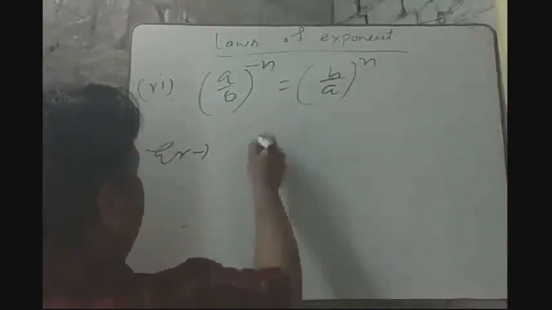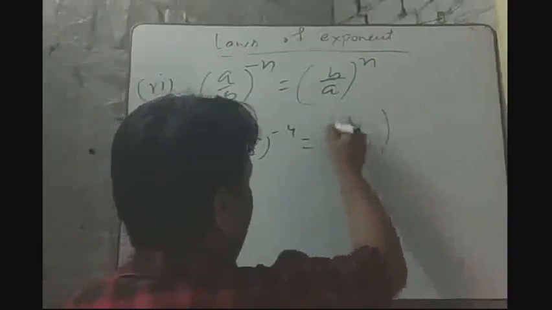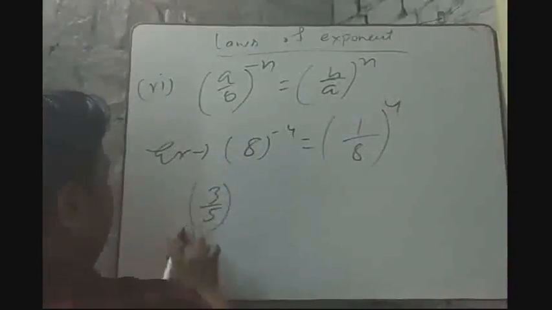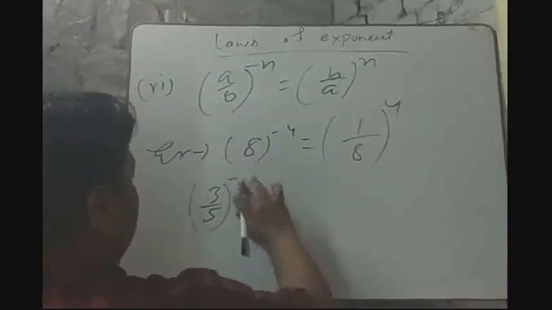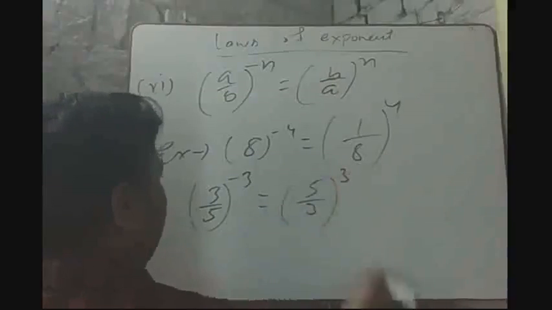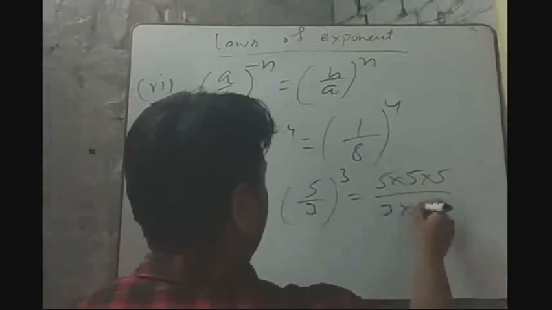For example, if it is written 8 to the power minus 4, then we will write 1 by 8 to the power 4. If the question says 3 by 5 to the power minus 3, then we will write 5 by 3 to the power 3, and then we will find the value of this.